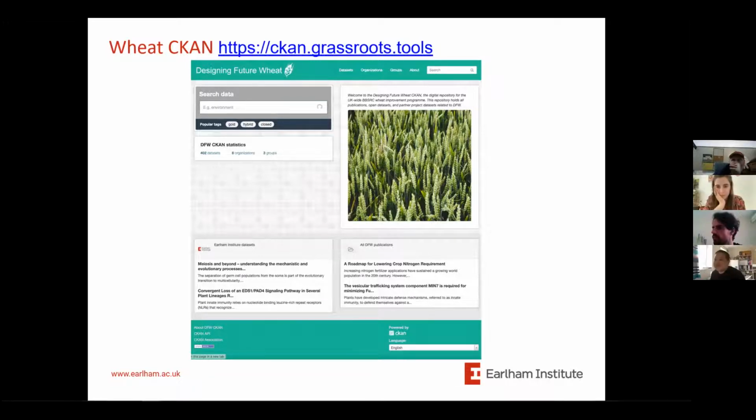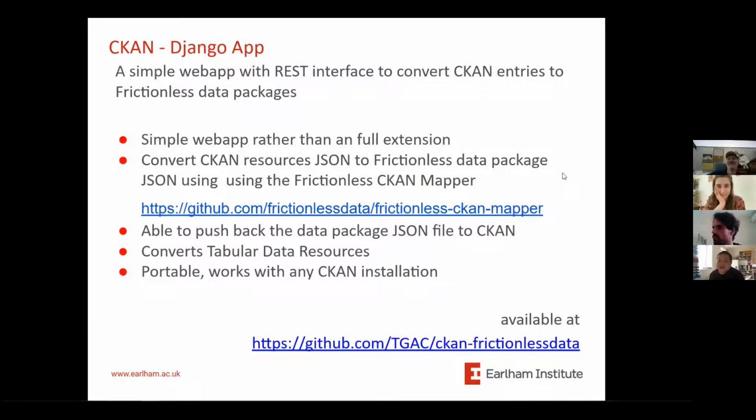Next page, please. Part of the tool fund was to expose the CKAN data as a frictionless data package. Because of the time constraint, we didn't really want to do a full extension. So what we did was a simple Django app using Python.